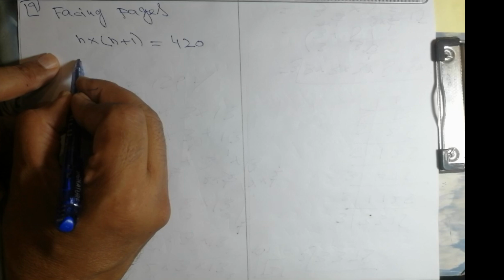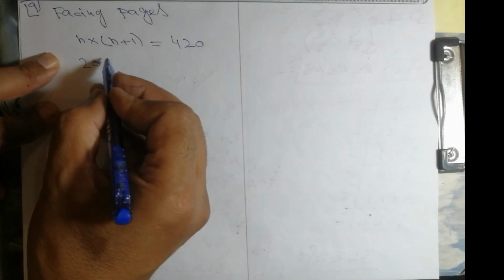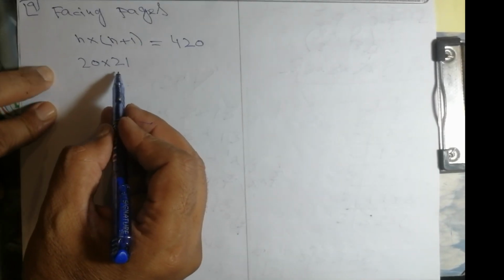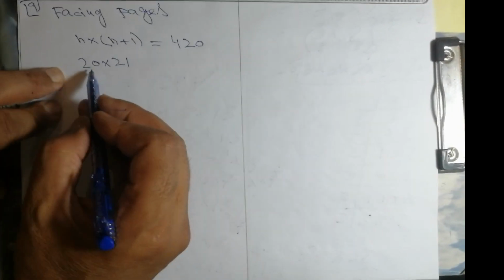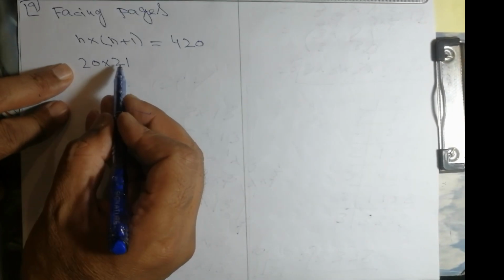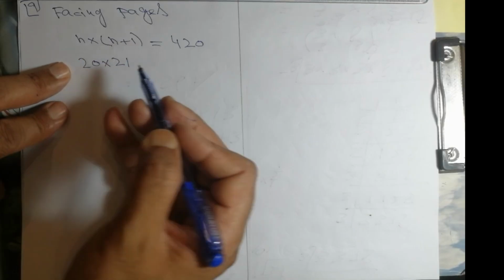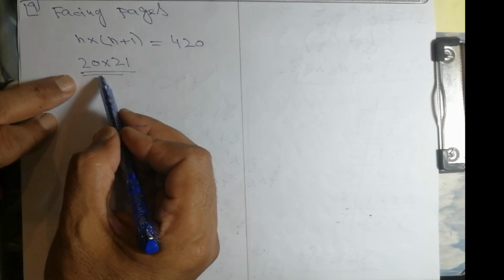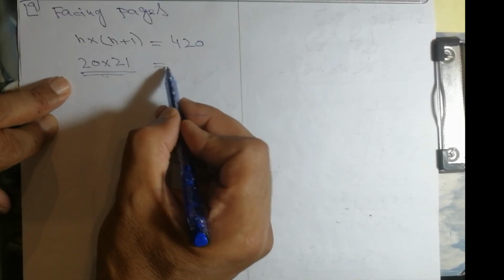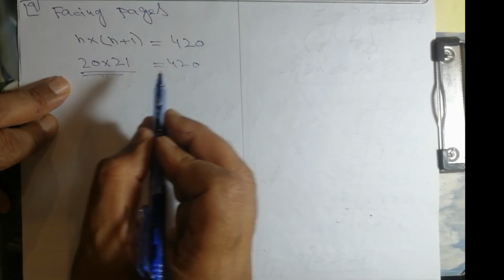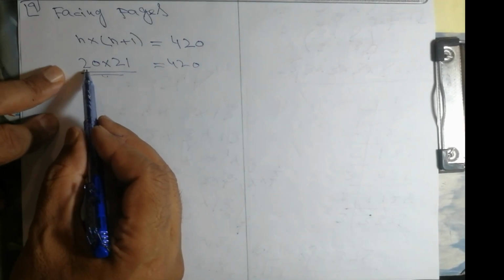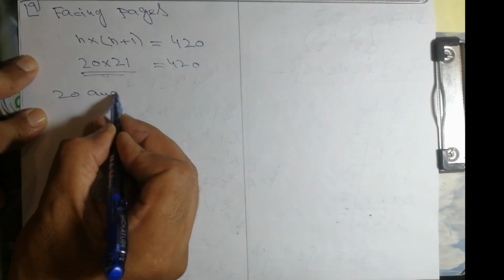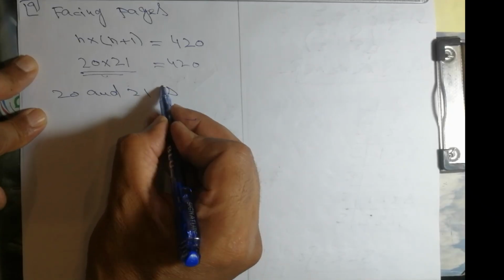So if we multiply 20 and the next page 21, n plus 1 is 21, the product of these two numbers is 420. So it means the first page will be 20 and the next will be 21. So 20 and 21 is the answer.